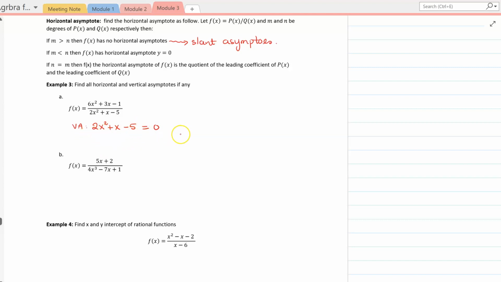To solve this, I can either complete the square, or I can solve for x by using the quadratic formula. So x equals negative b plus or minus the square root of b squared minus 4ac, divided by 2a. So this equals negative 1 plus or minus square root of 41, divided by 4.